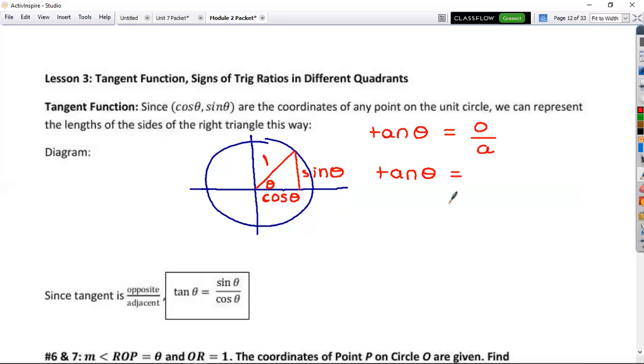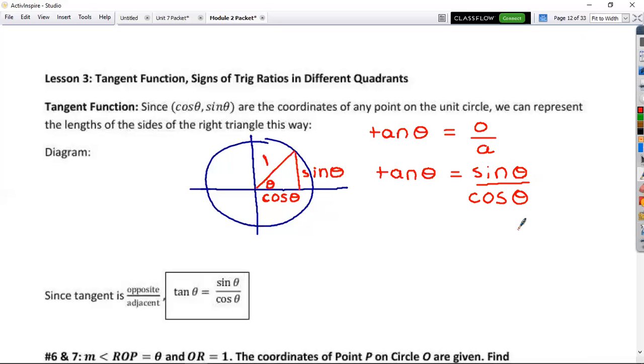Yep, sine theta. And what do I plug in for the adjacent? Cos. Excellent. So what did you just show? What's tangent? Sine over cos. Yep. This is an identity. So tangent is equivalent to sine theta over cos theta. Comes right off your unit circle.